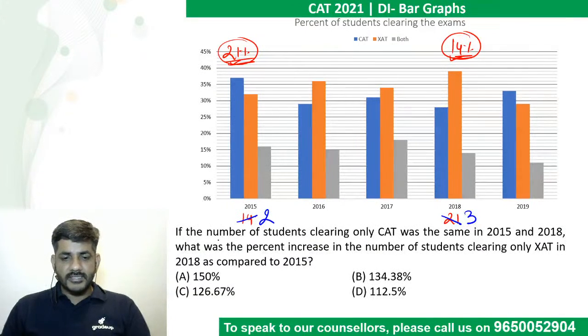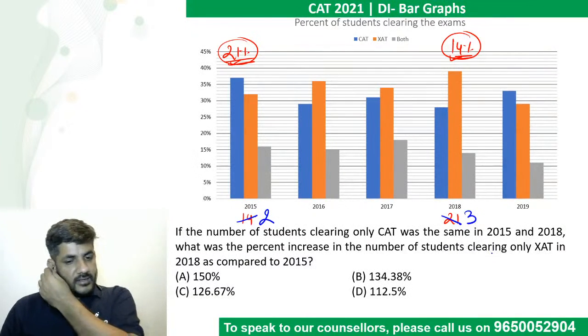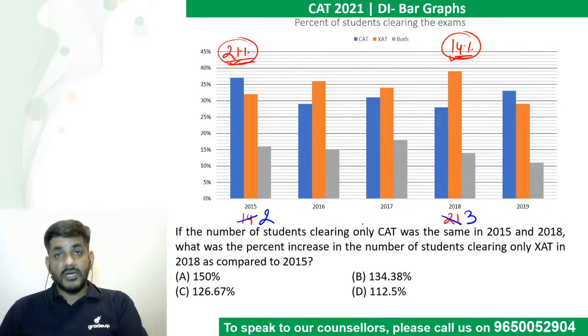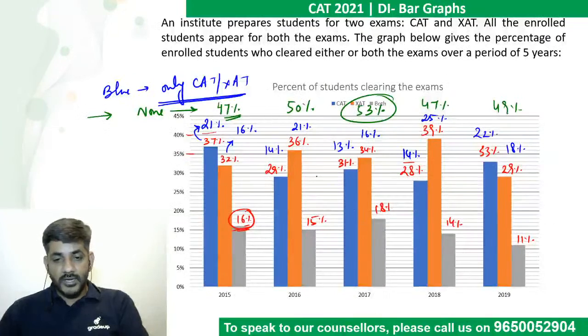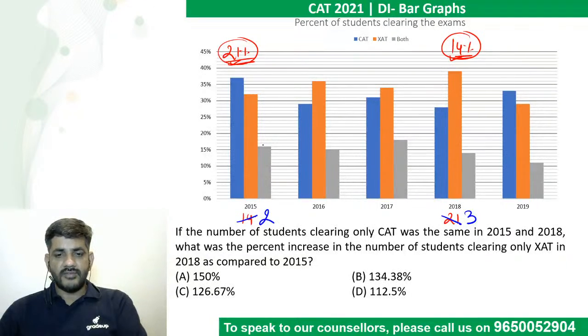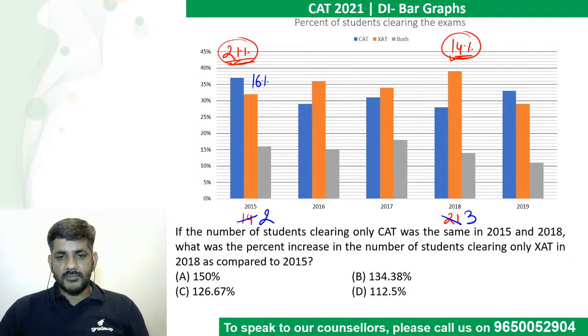Now the question says, then what was the percentage increase in the number of students clearing only Z in 18 as compared to 15? That means I need the data of only Z as well. So I'll again go back. How much was only Z here, 16 and how much here, 25. So I had 16% here and 25% here.